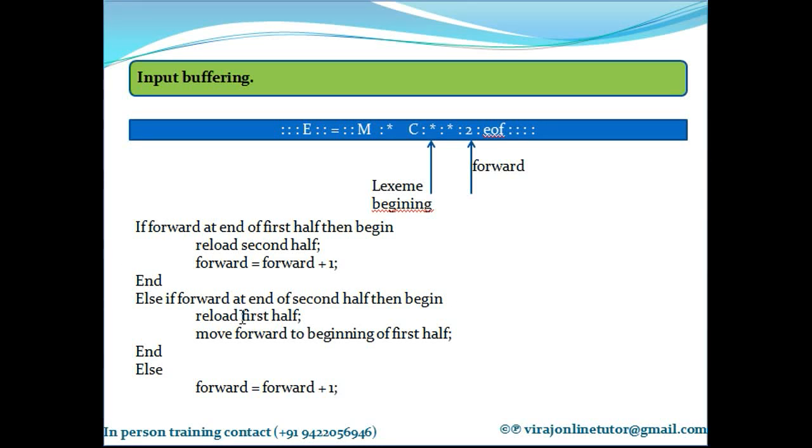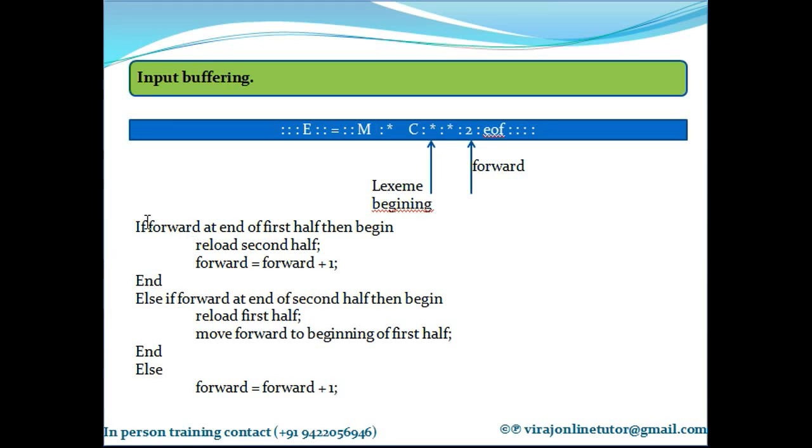Suppose a buffer is 1000 characters long, then 1000 times this forward pointer will be within the buffer. So with this code, we are just wasting our time checking whether the forward pointer is pointing to the end of the first half, or the end of the second half.